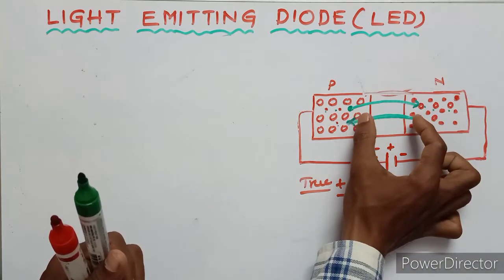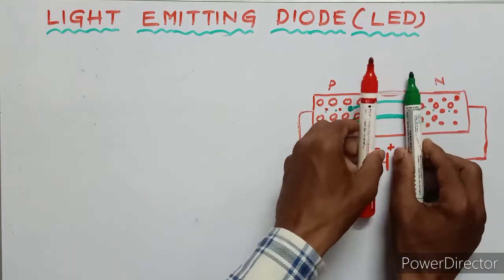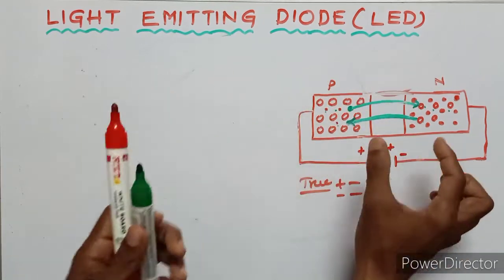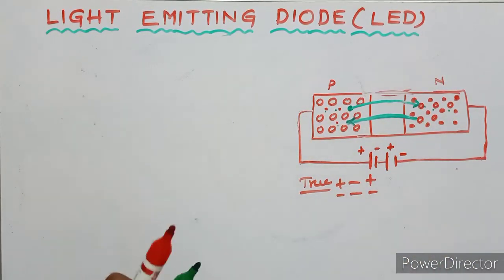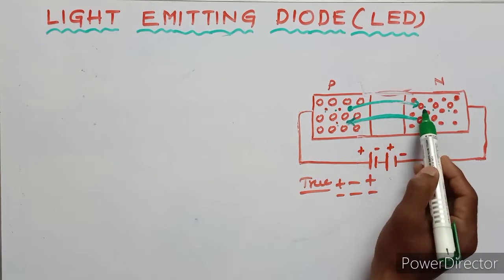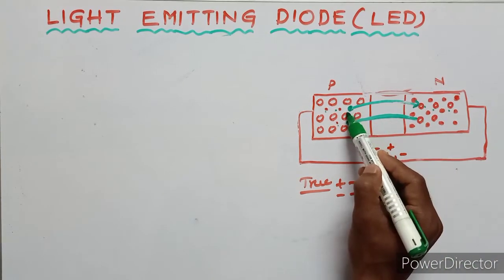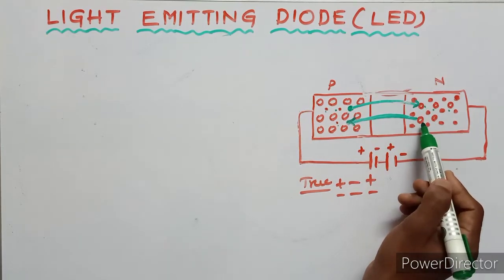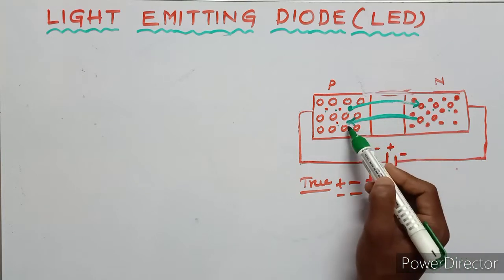So this depletion layer is decreasing. Okay, so that's the way this free electron jumps towards the hole, and this hole jumps towards the free electron.